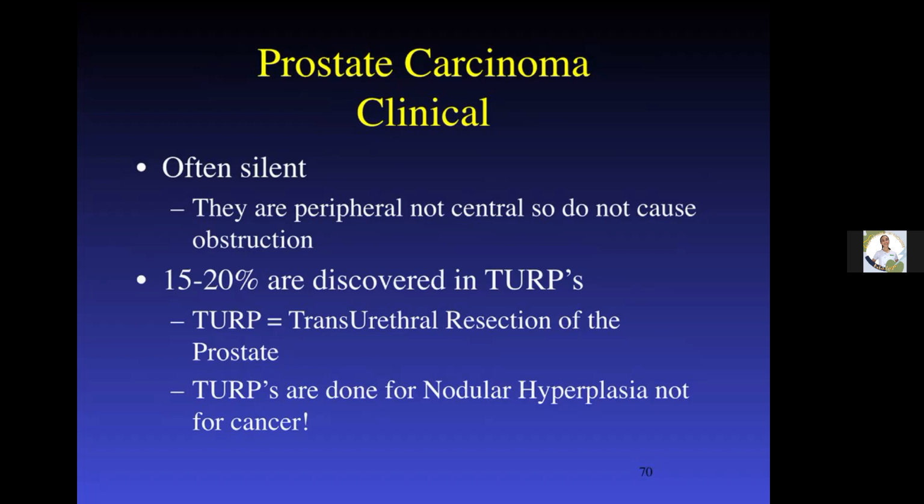So if you do TURP, you scrape the central portion. But if you want to work up your patient and you suspect a prostatic carcinoma, you do a needle biopsy, a transrectal needle biopsy.